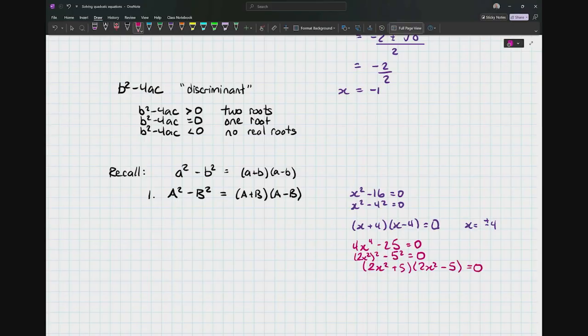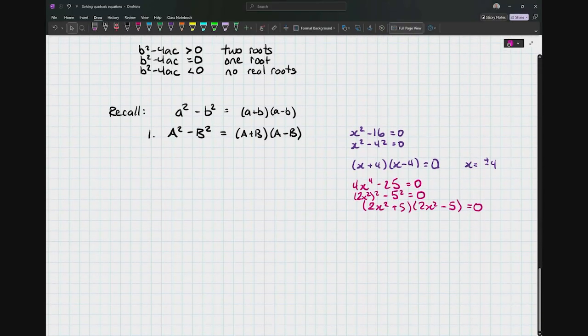And that simply just made things a little bit easier. We took a quartic equation and factored it into two quadratic equations. And one of those factors had better be equal to 0. Cool, so the difference of squares formula comes in handy for factoring polynomials.